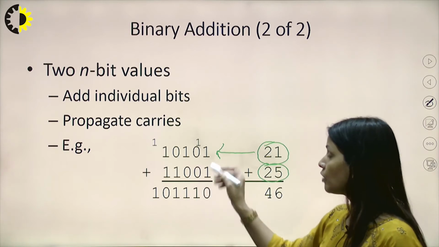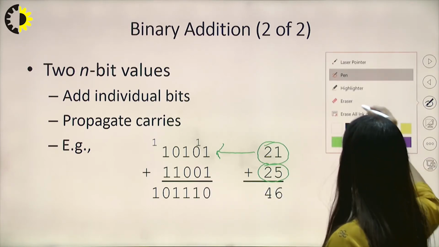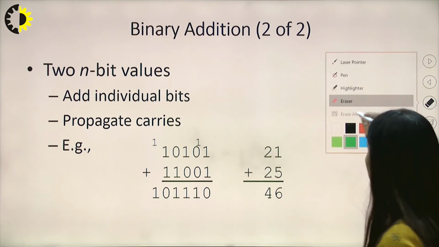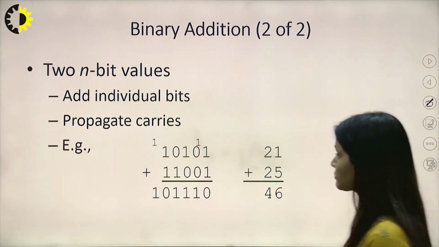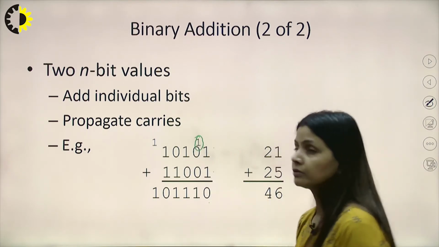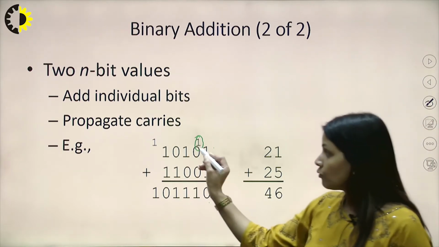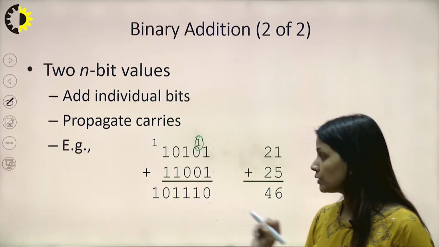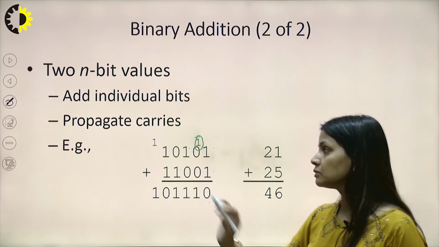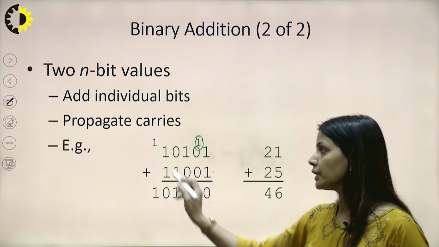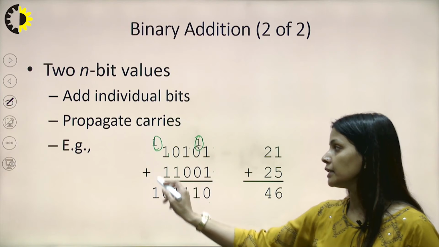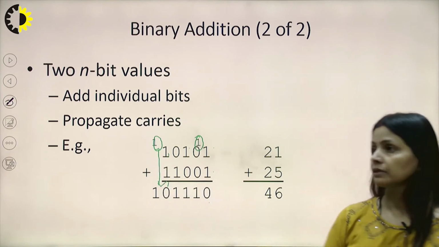Let us understand how it is coming. 1 plus 0, 1, no carry. 1 plus 0, 1, no carry. 0 plus 1, no carry. 1 plus 1, 0, carry is generated, and here this carry will be written.